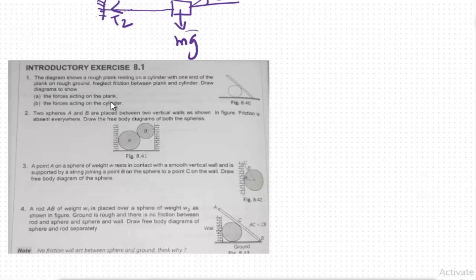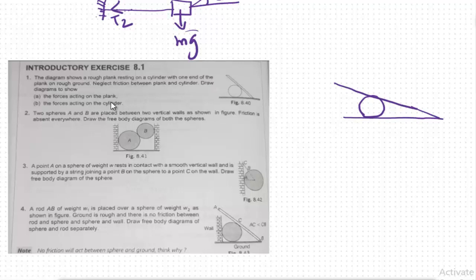Okay, how can we draw? Here you can see the plank is in touch with the cylinder, right? The cylinder is kept here. So mg, we know, will be acting in the downward direction, and wherever it is in touch with the surface, forces will be acting.